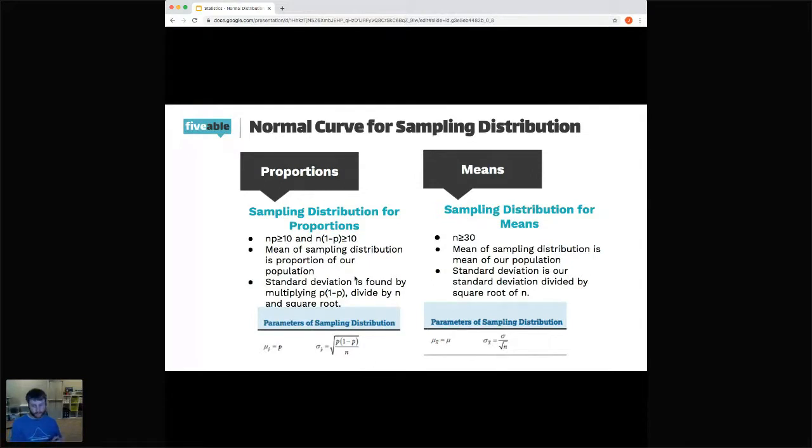Then if, out of my whole population, I took all possible samples of 30 and took the average proportion that said yes and put those into a distribution, that would be your sampling distribution. It really is necessary to understand that it is all possible samples of that size n.